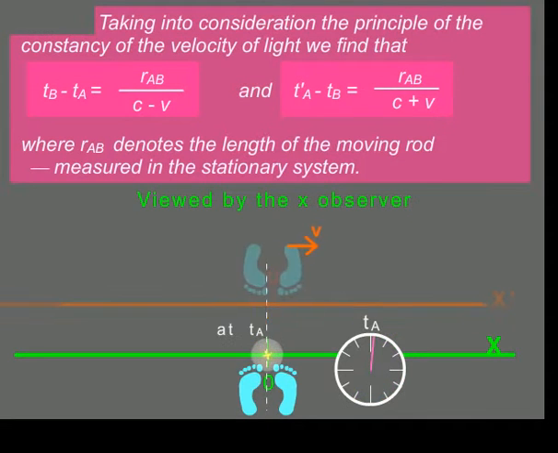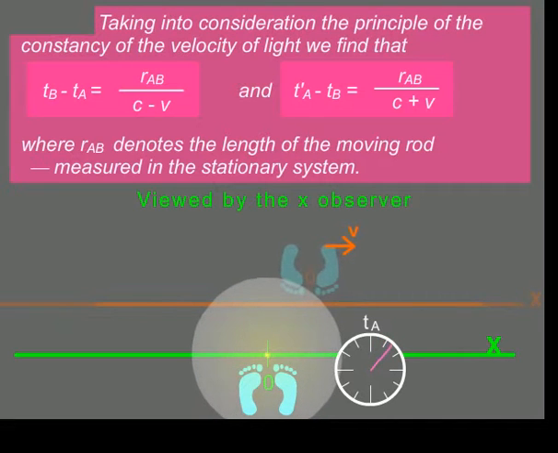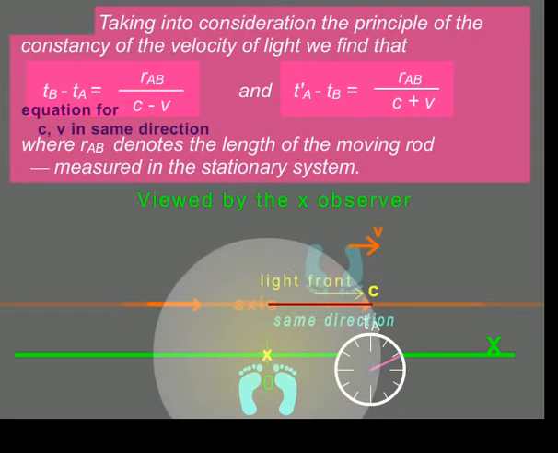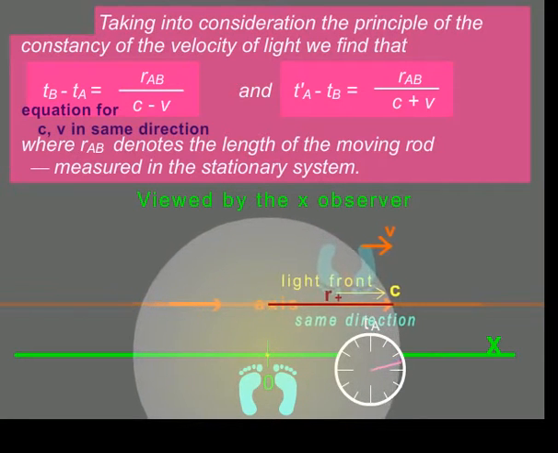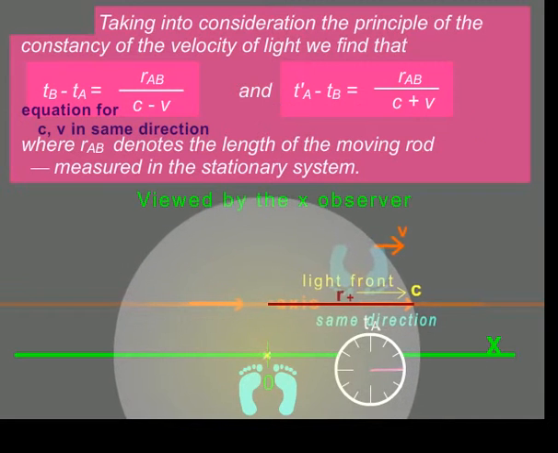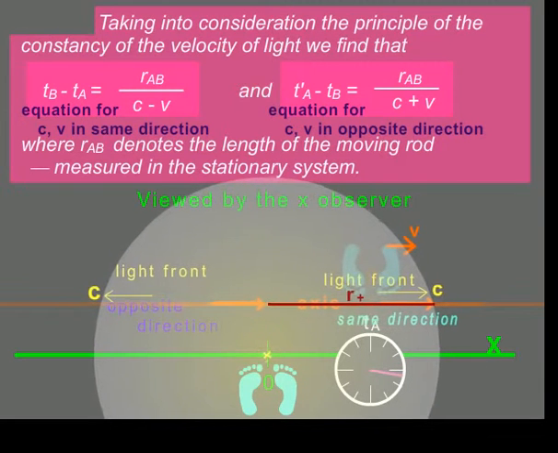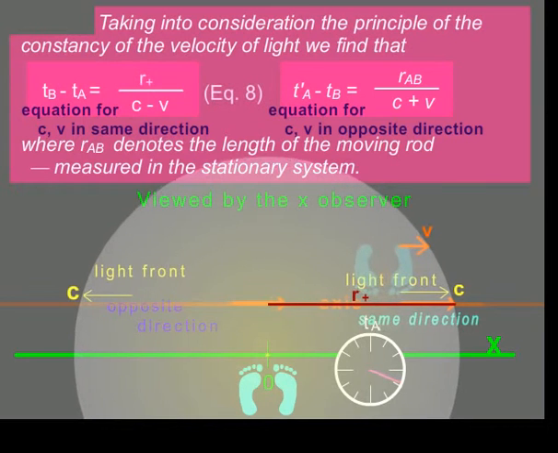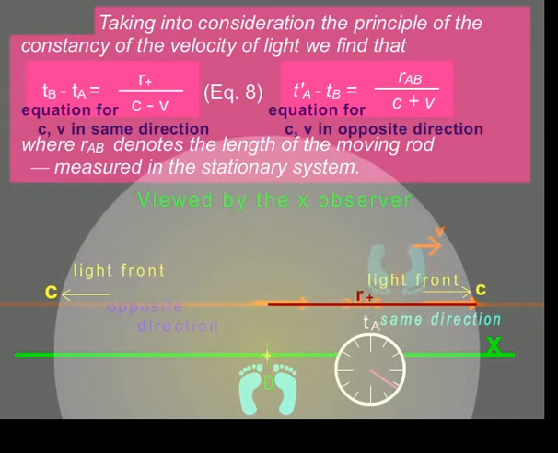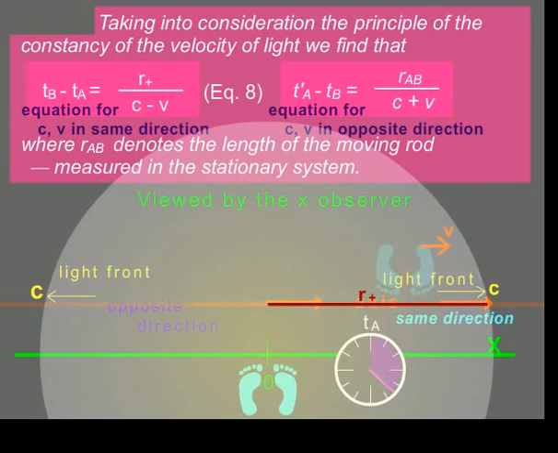All this must guide the observer on the x-axis to obtain the following calculation. For the light front that moves in the same direction as the x-prime axis, he will obtain a distance r plus, so that the traveling time for the light to complete r plus is as shown in equation number 8.